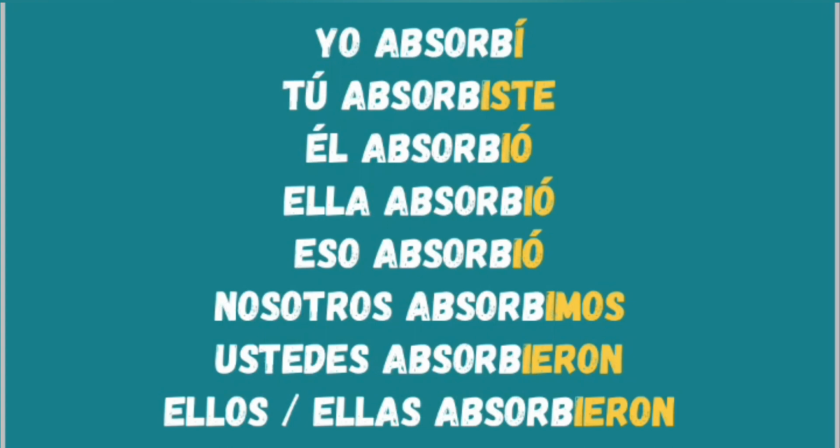Ella absorbió. Now, if you want to say it absorbed, you have to say eso absorbió. Eso absorbió. Now, if you want to say we absorbed, in Spanish you have to say nosotros absorbimos. Nosotros absorbimos.